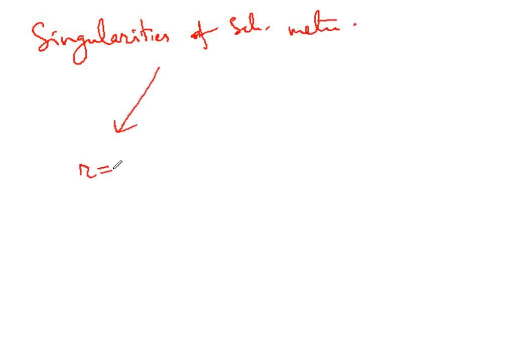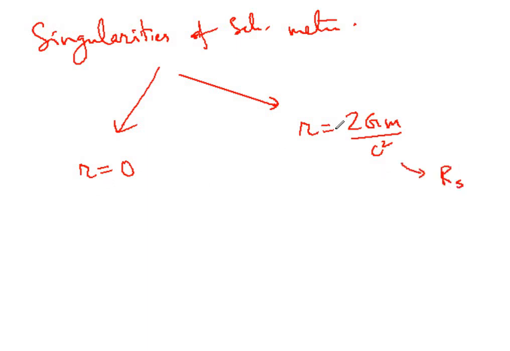Number 1, r is equal to 0, and number 2, r is equal to rs, or basically 2GM by c square, right? Now this term is also known as the Schwarzschild radius, rs. So r is equal to rs. Now you see, so we have got two singularities.